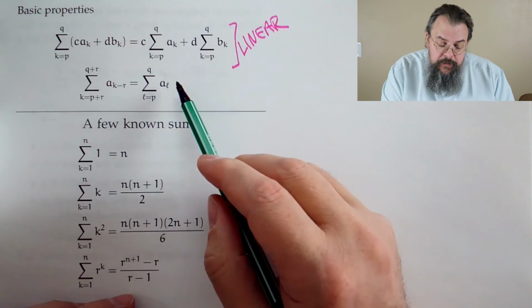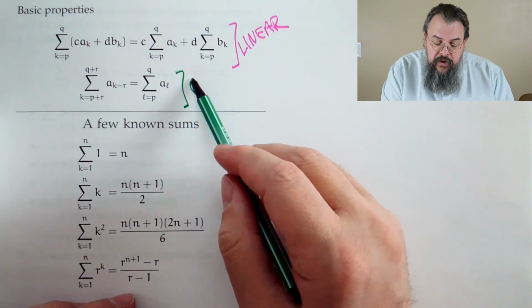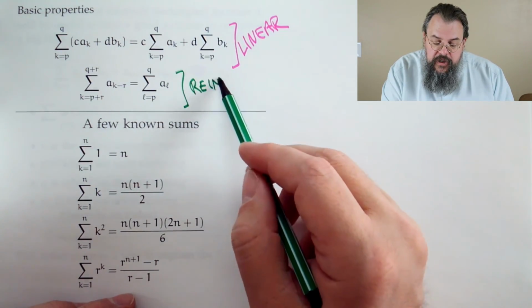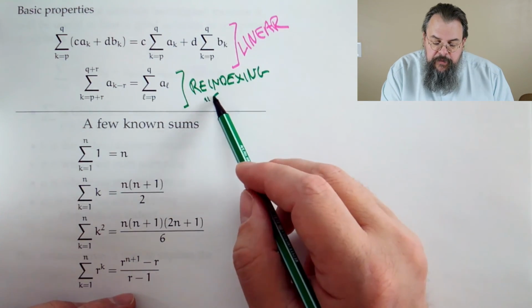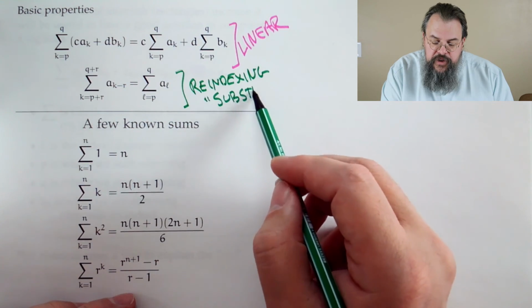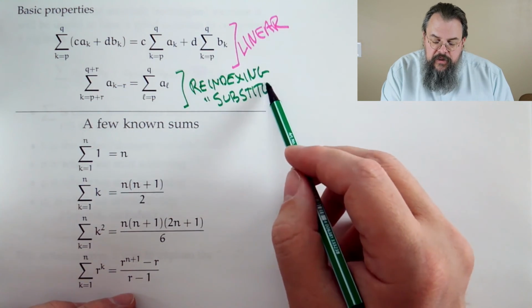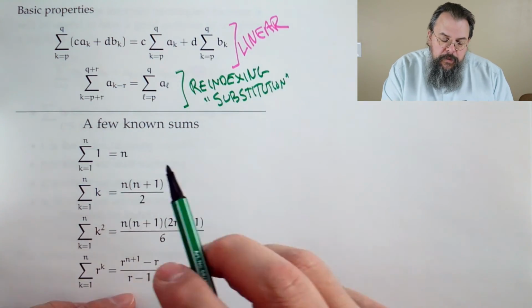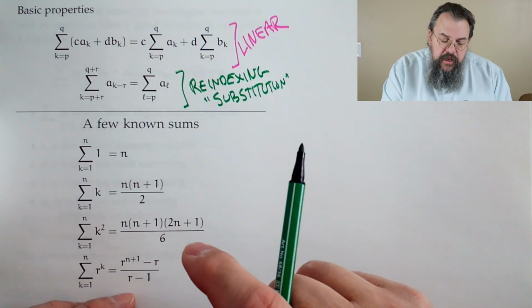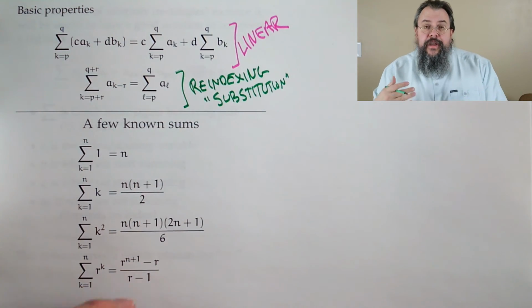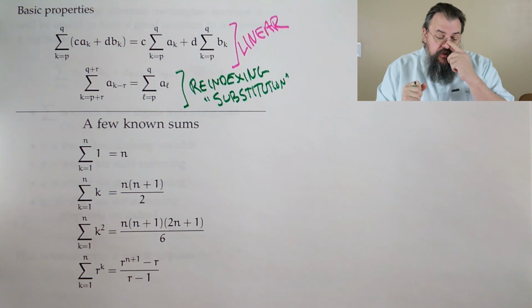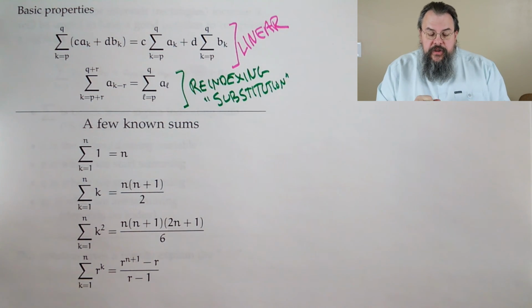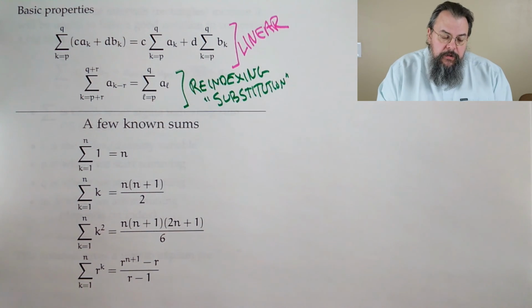I like to think of this as reindexing, but you can also think of it as some sort of what we might call a substitution. That sounds like a strange word, but what are we really doing? It says, let's introduce some new index. And what's the rule? Well, the rule will be the following.